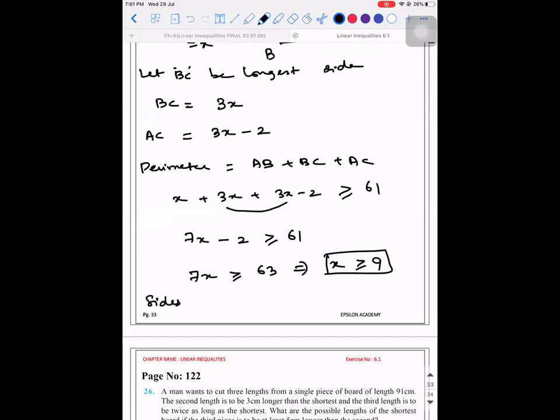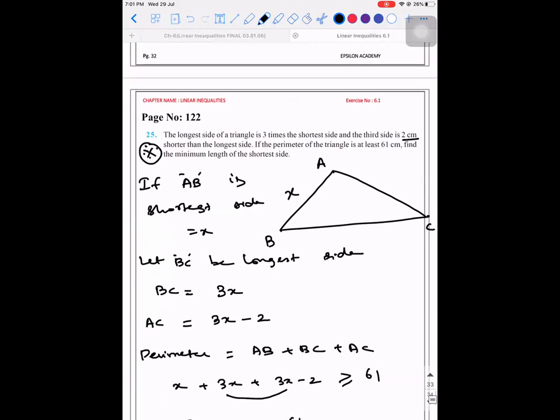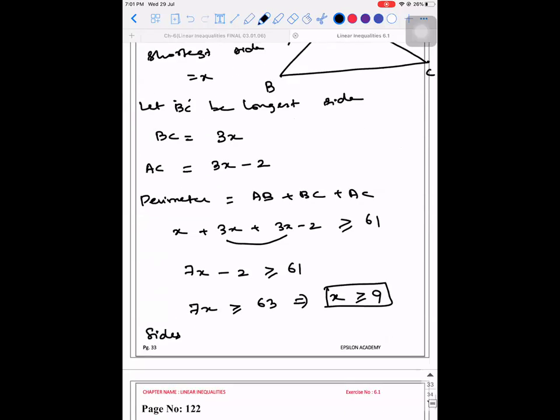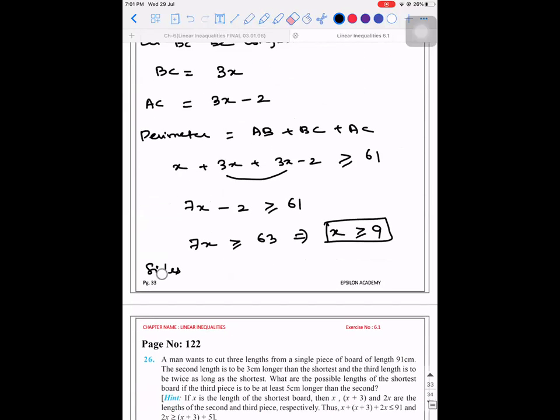Then what are they asking? What is the minimum length of the shortest side? So the minimum length of the shortest side is 9 centimeters. Am I clear?